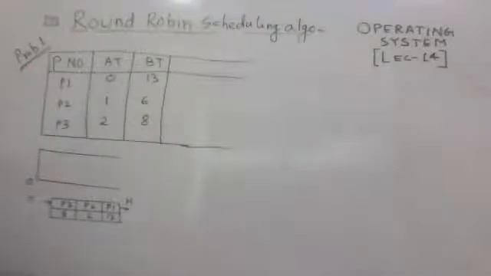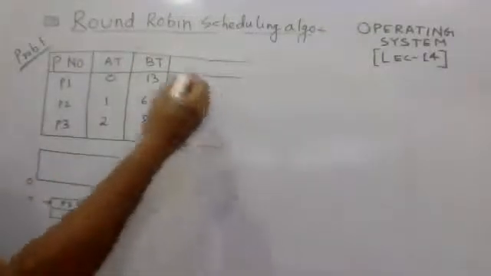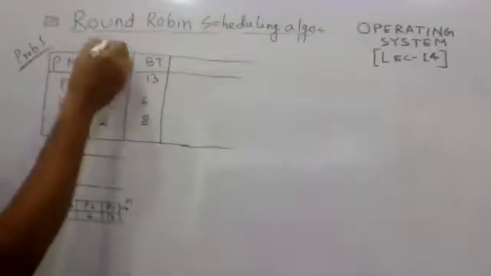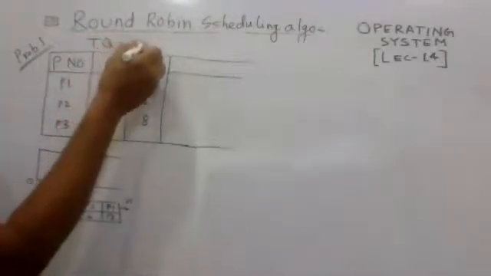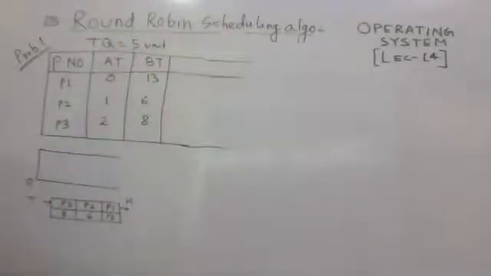Now consider in this particular example, given time quantum is equal to 5 units. So every 5 units we have to switch a process and assign the CPU for the next process.